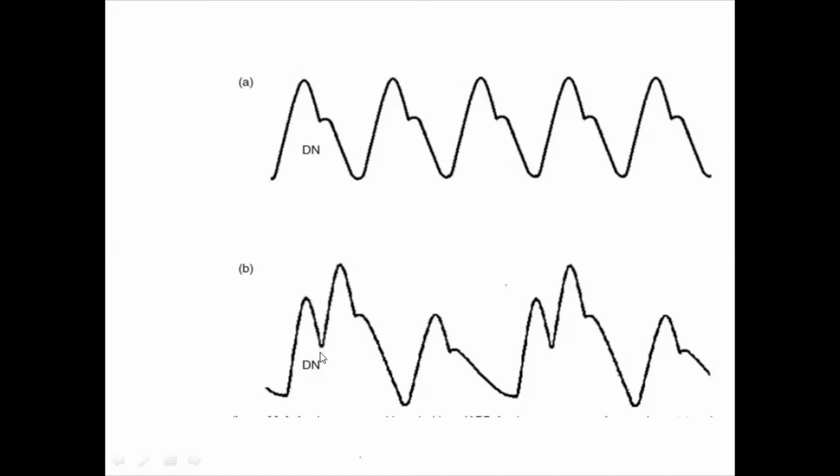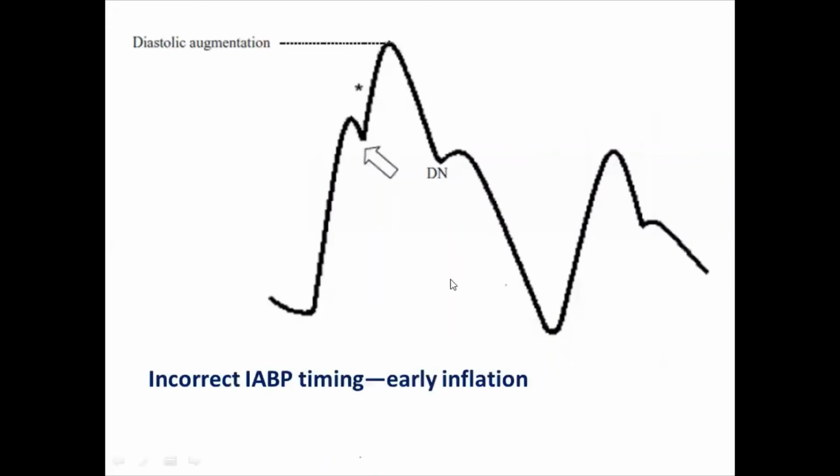Here, the inflation of the intra-aortic balloon pump with the dicrotic notch, then deflation, then this one is not assisted. There is no intra-aortic balloon pump. Then the following one with intra-aortic balloon pump, and vice versa. So this is normal aortic, and this is augmented or assisted aortic with intra-aortic balloon pump.